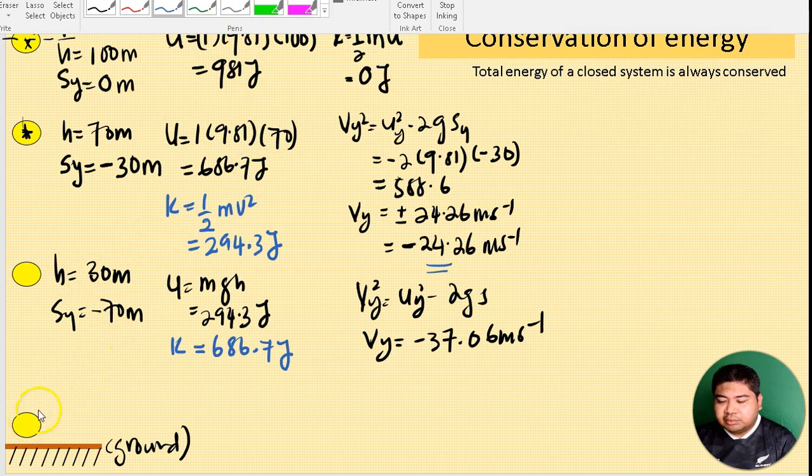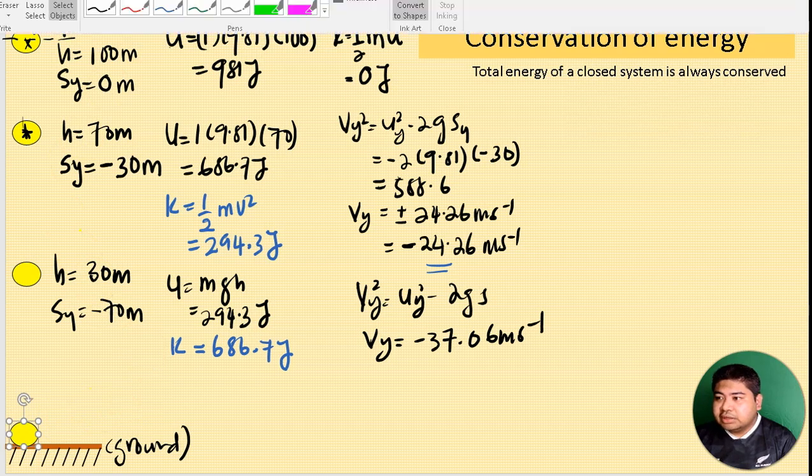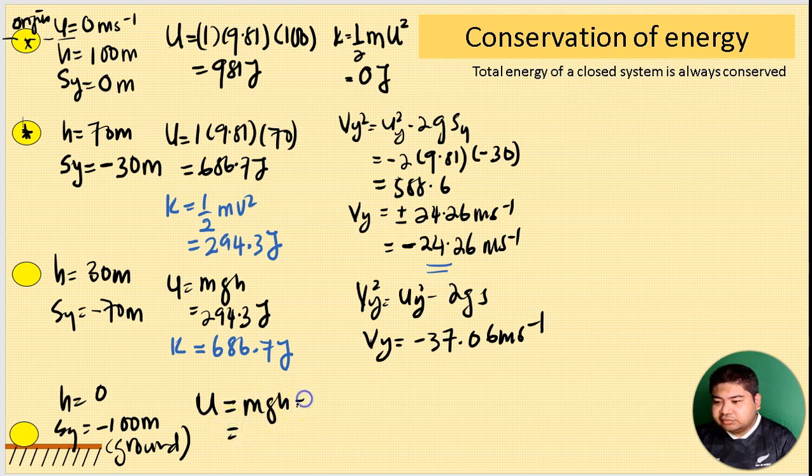Let's say now the ball is already on the ground. So the current height is 0, and Sy is negative 100 meters. If you calculate the potential energy, mgh, because the height is 0, you get 0 joules.